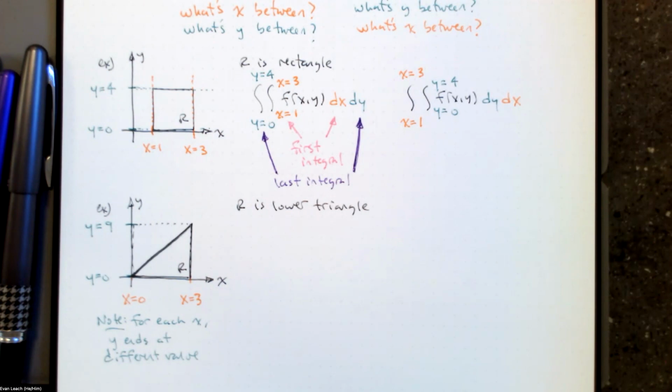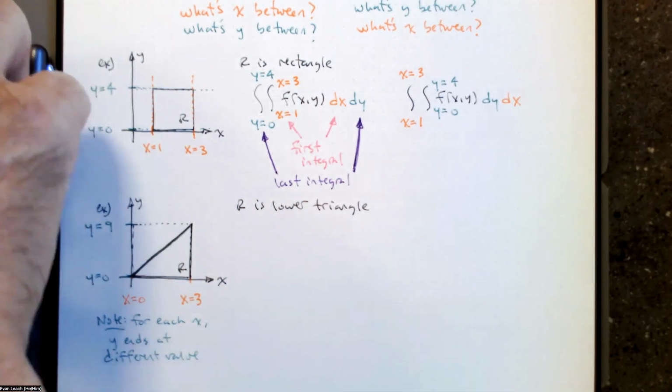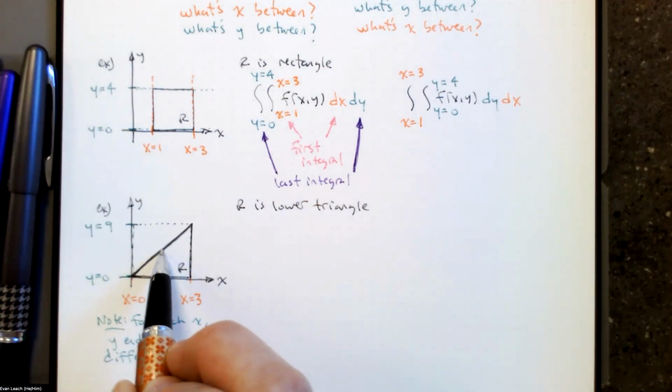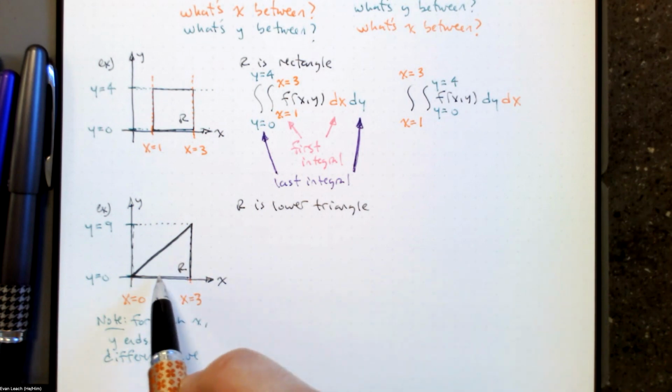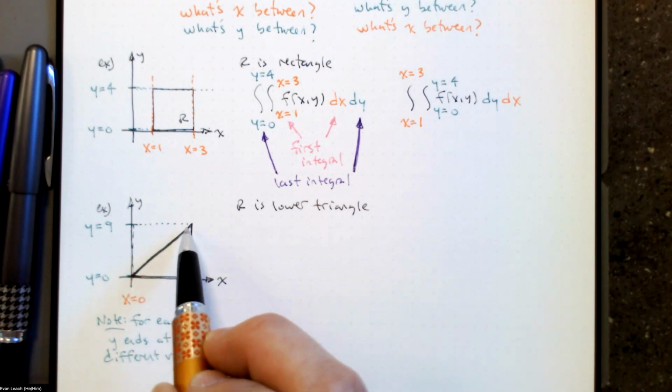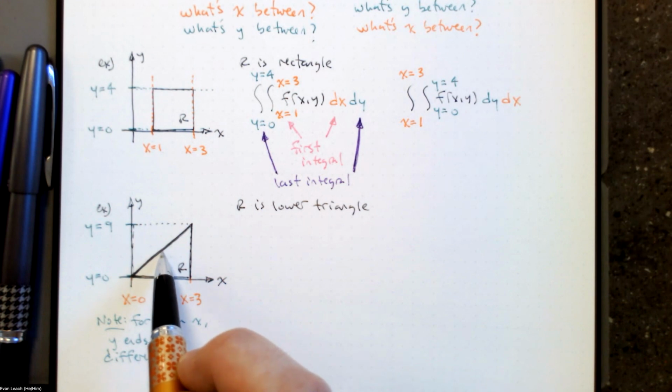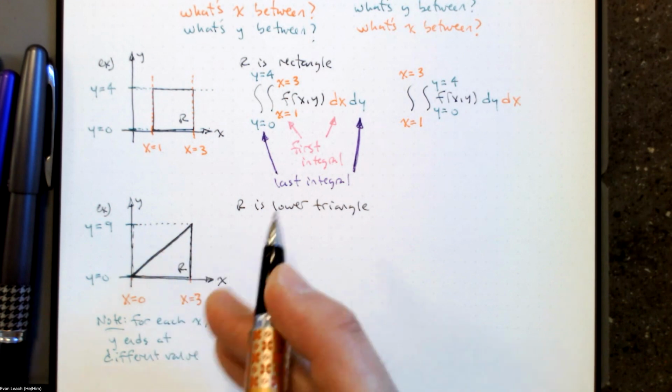Also note that for each y, x ends at a different value. Or I should say x starts at a different value and ends at 3. Y always starts at 0, but ends at this line. X starts at the line, but ends at 3.